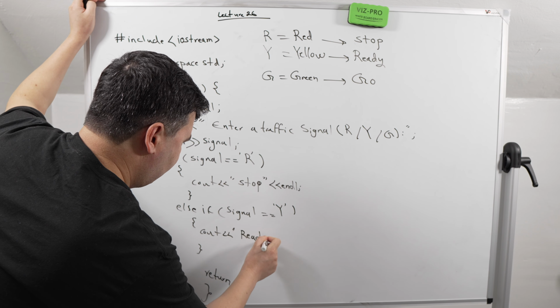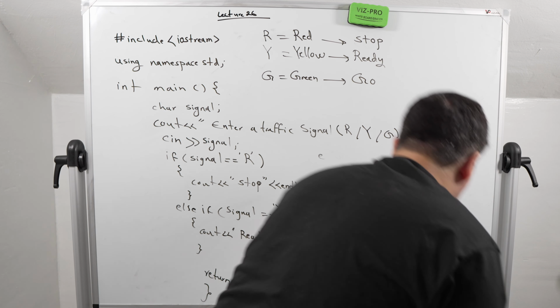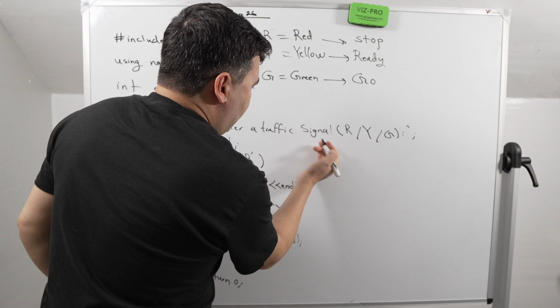Then we have another else if, signal is equal to G. It's a character, so we place the character inside single quotes.